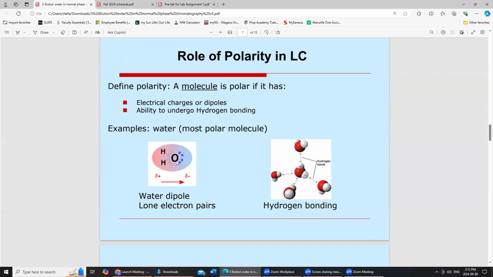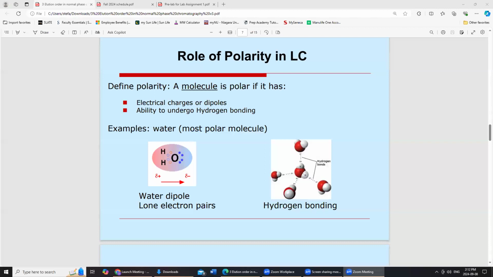If the hydrogens have their electrons pulled away by the oxygen, you tend to have a more positive charge around the hydrogens.